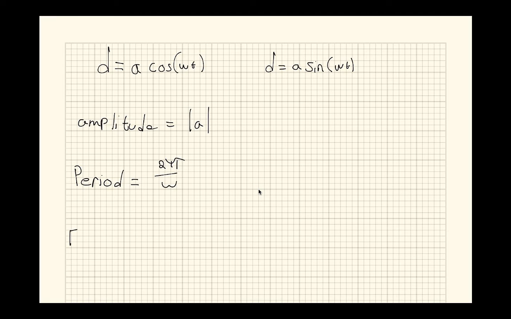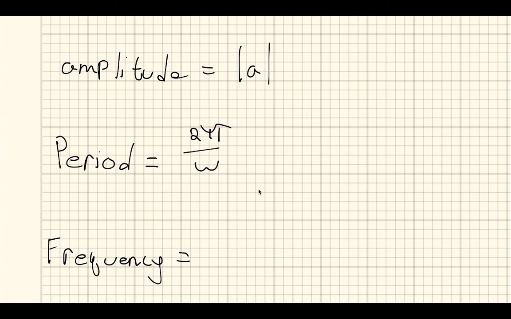And we have something new that we're going to go over called the frequency. This is just the reciprocal of the period, w over 2 pi. Basically, what the frequency tells us is how many times per second this wave completes itself.